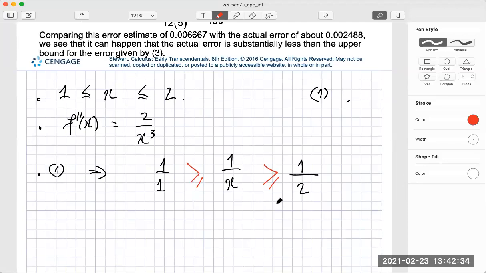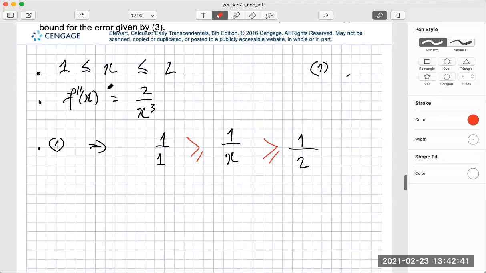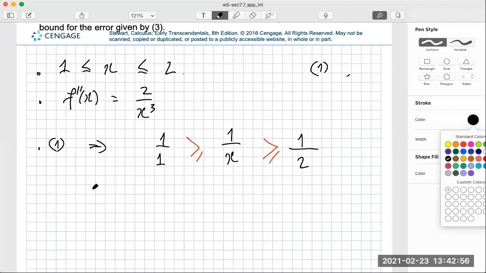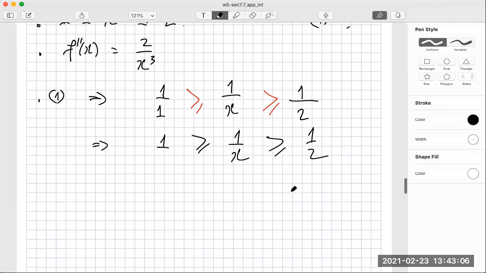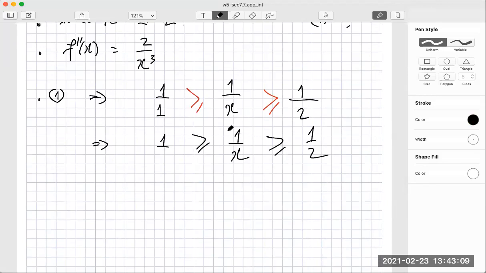Are you comfortable with that? Or just do some algebra separately. What do we have? It means that we have this inequality, right? This number is smaller than 1.